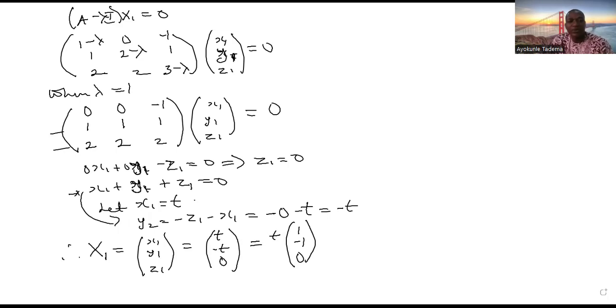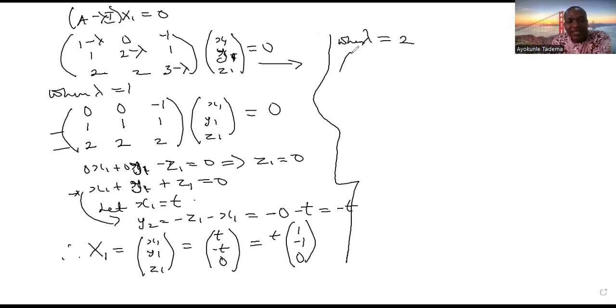Now, we continue. Number 2 now is when lambda equals 2. You do the same thing, you write this down again: 1 minus lambda, 0, minus 1; 1, 2 minus lambda, 1; 2, 2, 3 minus lambda; multiplied by x2, y2, z2.